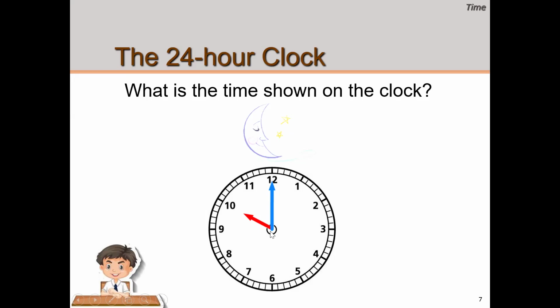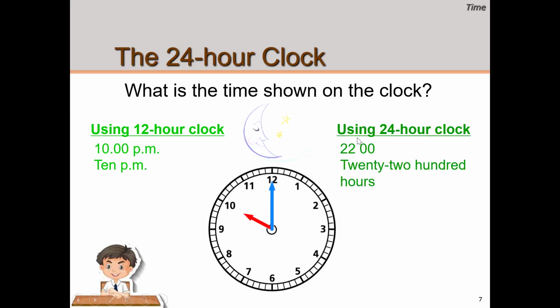So this is 10 o'clock in the night, or you can say 10 p.m. Now what about the 24-hour clock? Using the 24-hour clock, this will become 2200 hours.